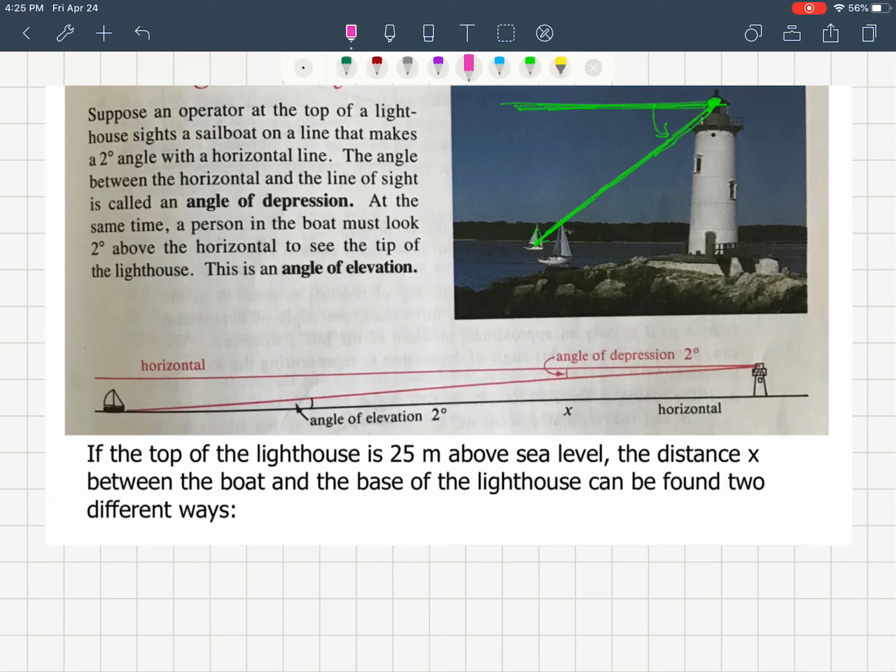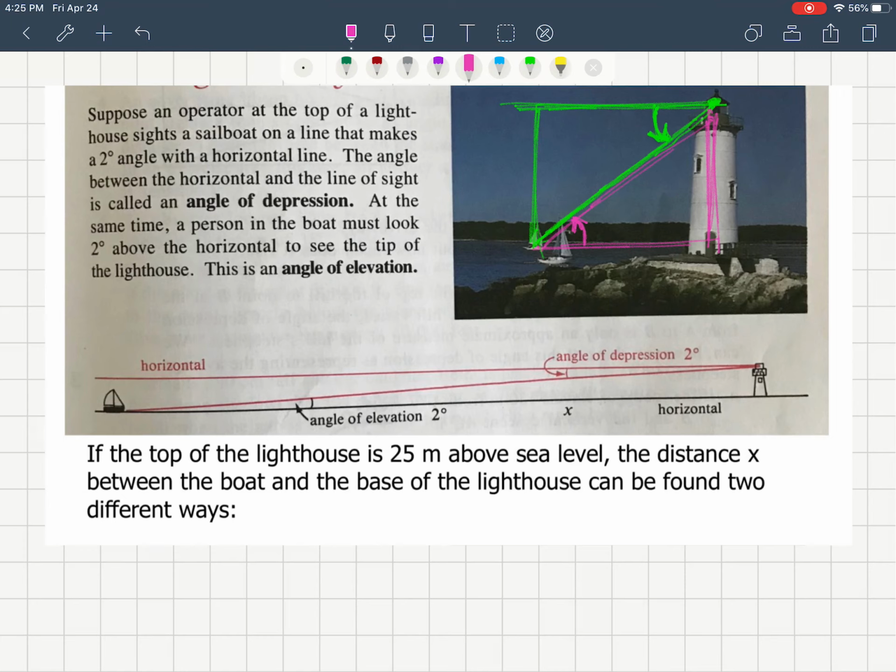And then what we can do is we can create this triangle right here, this pink triangle, which is congruent to this green triangle. So they're going to give us this angle up at top that I marked with the green arc, and that's going to end up being congruent to this angle right here.